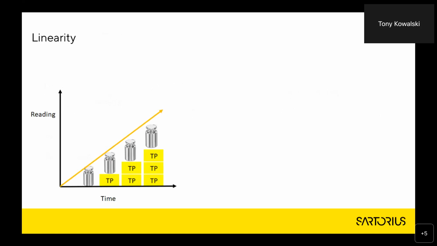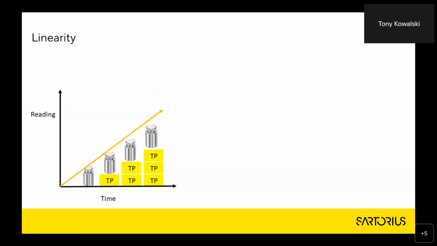I did mention that linearity is not critical for a mass comparator because we're never weighing anything, but it is a test to ensure in the end of manufacturing, and maybe you want to do this yourself in the lab, just to check that the weighing system performs adequately.